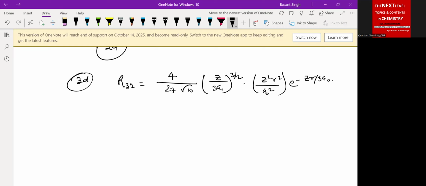Okay, this is the 3D state. So this is the normalized function here.